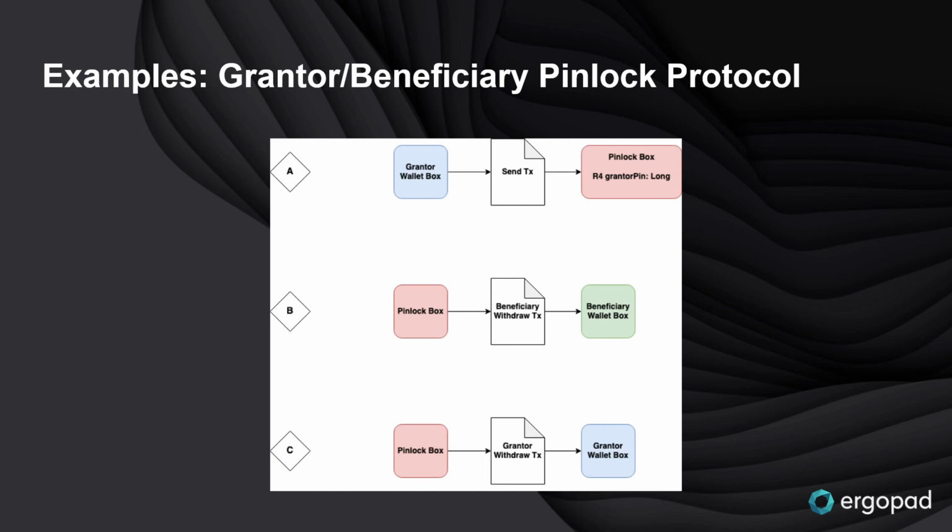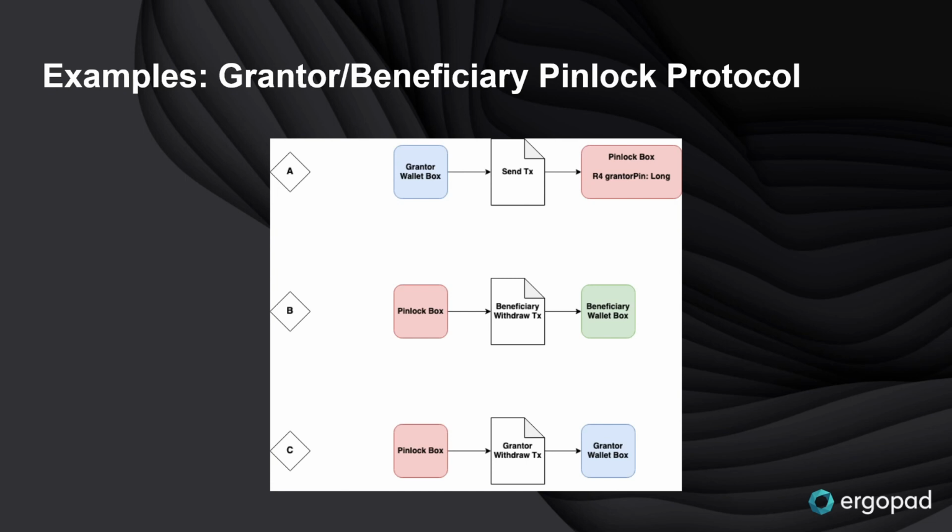In section B, we have the pin lock box, and that can interact with the beneficiary withdrawal transaction. That's who the money is for, and the money in the pin lock box will then get sent to the beneficiary's wallet. If the conditions are correctly satisfied in the pin lock box contract, then the beneficiary can spend it.